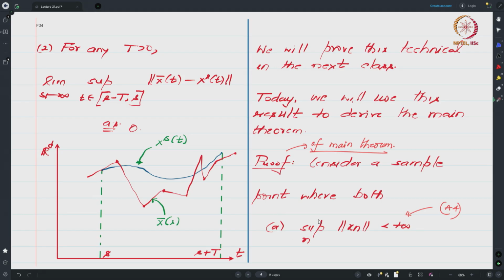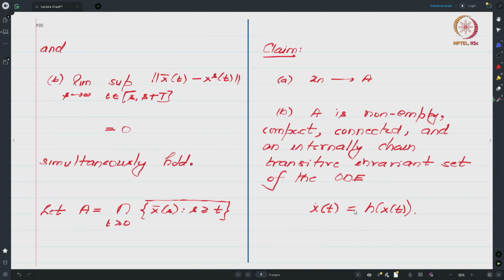So, what we are doing now is to fix a sample point where this condition holds, right, and we also need that the conclusions of the technical lemma hold here, right. So, the technical lemma said that almost surely, okay, for any t greater than equal to 0, this limit is actually 0.